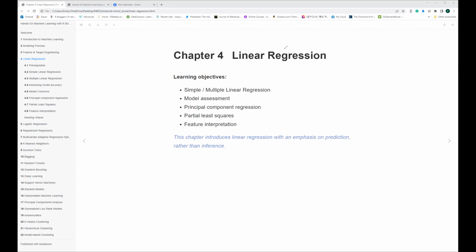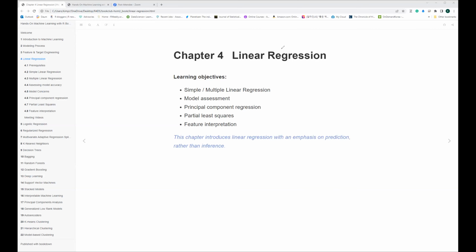So from chapter 4 to chapter 22, which is the last chapter, we're going to look at more specific techniques for machine learning, depending on our data structure, or our research questions, or our hypothesis and objective of our research.